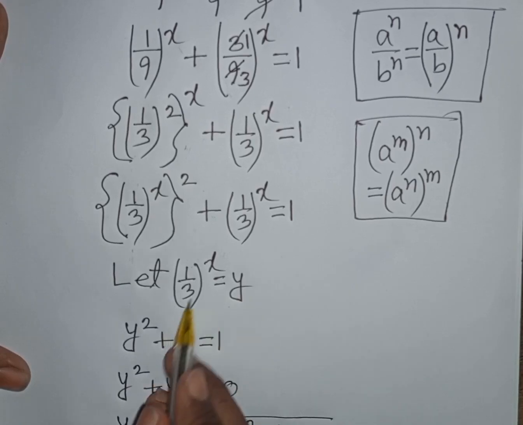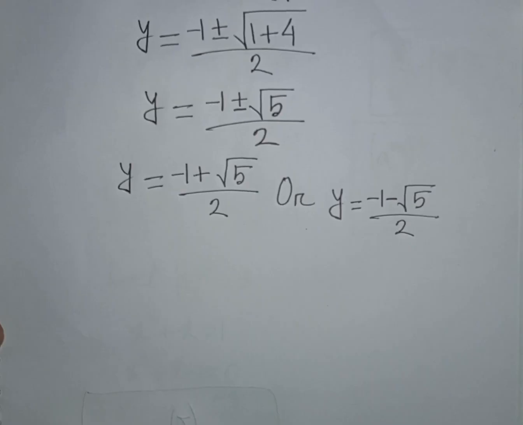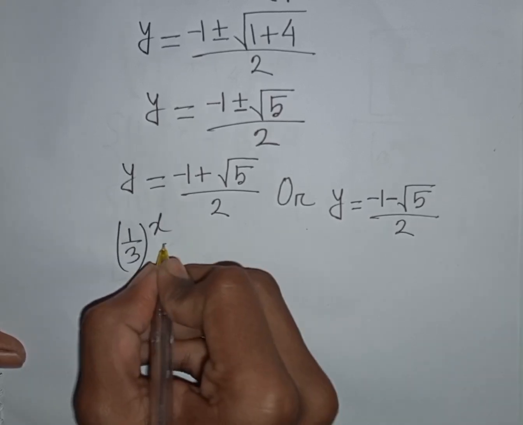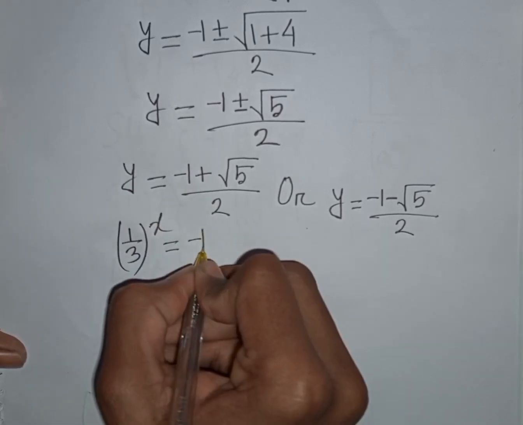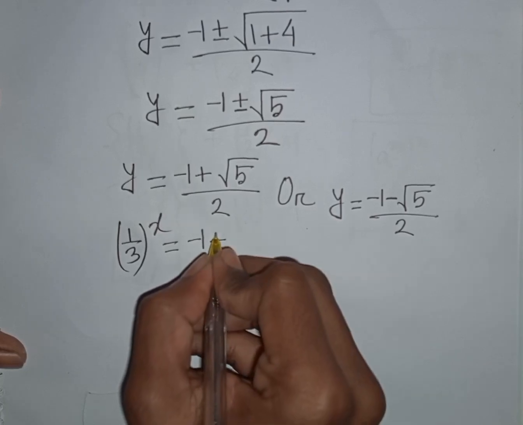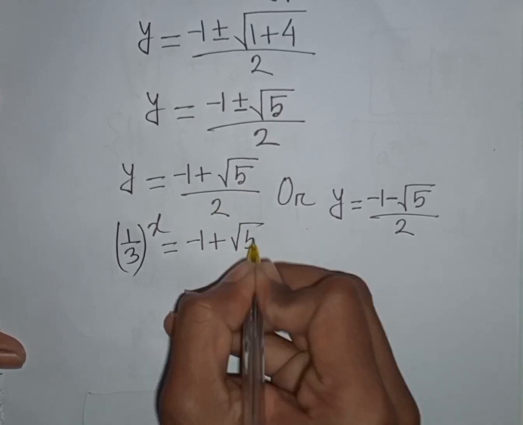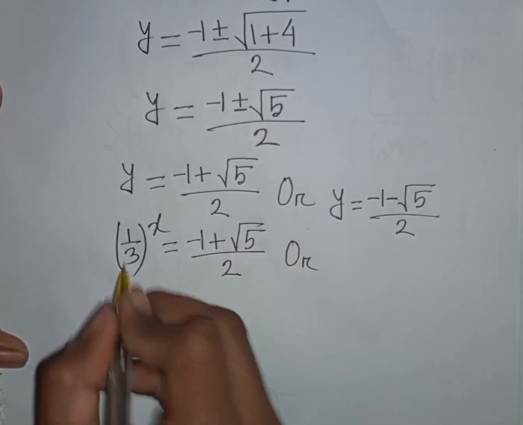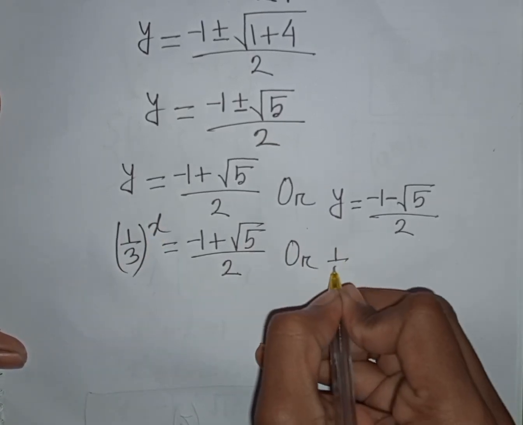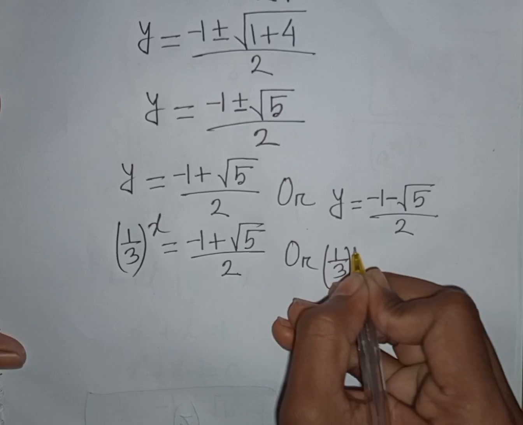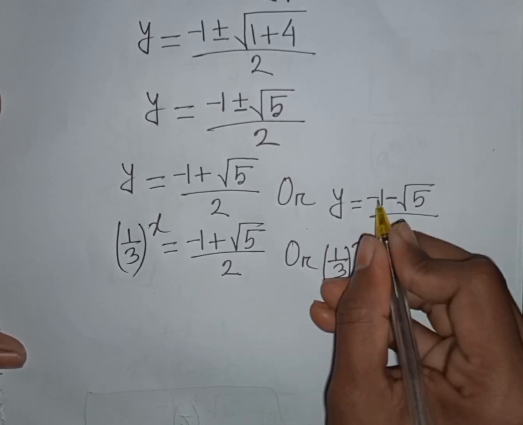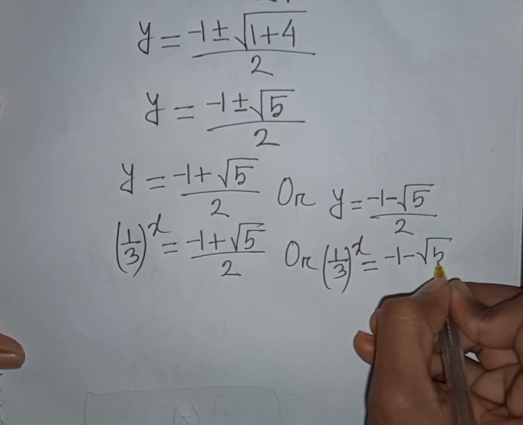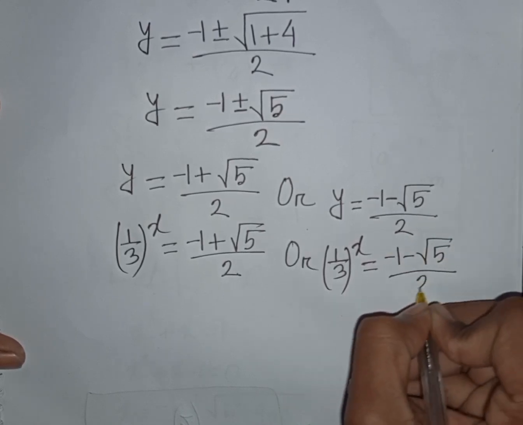So 1 by 3 bracket power x is equal to minus 1 plus square root of 5 divided by 2, or 1 by 3 bracket power x is equal to minus 1 minus square root of 5 divided by 2.